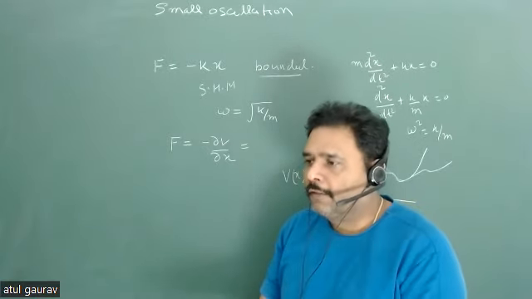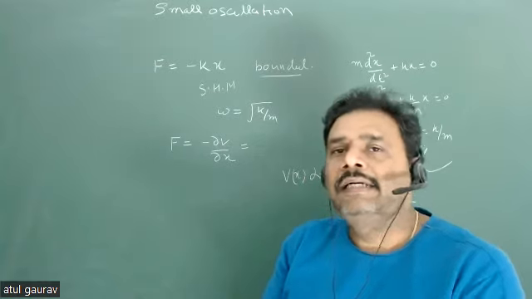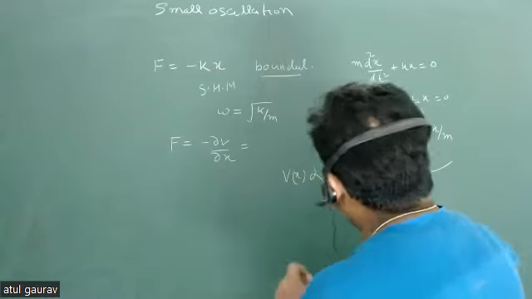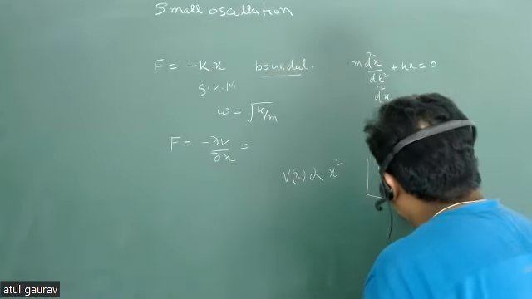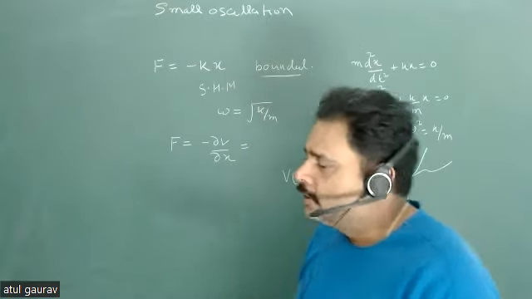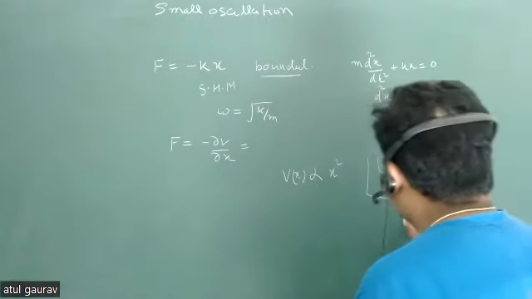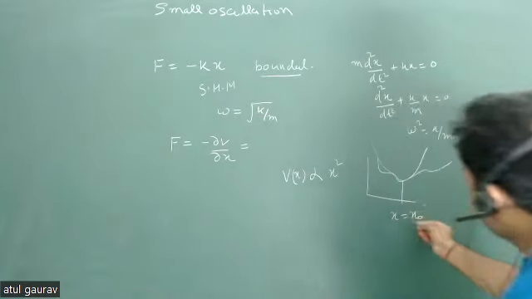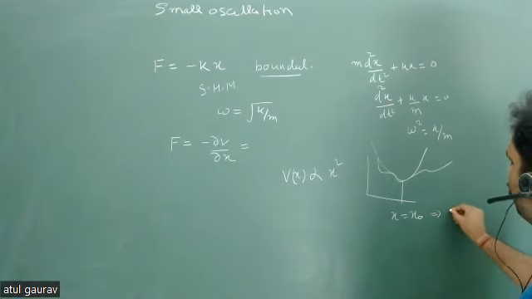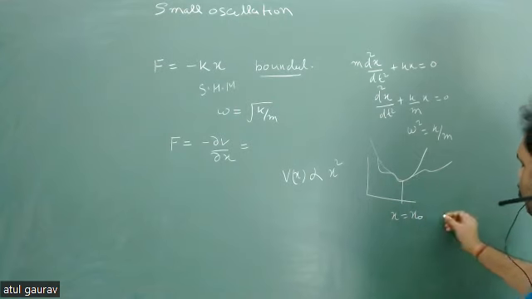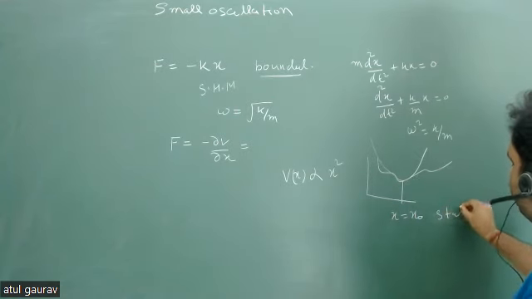Then you can treat it as a small oscillation. And the most important point is about which point it is going to do the small oscillation. Obviously it should do the small oscillation about the point x is equal to x naught. And this x naught is identified as the equilibrium point, and not only equilibrium, it should be identified as a stable equilibrium point.